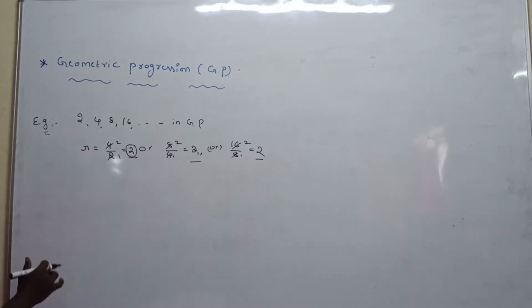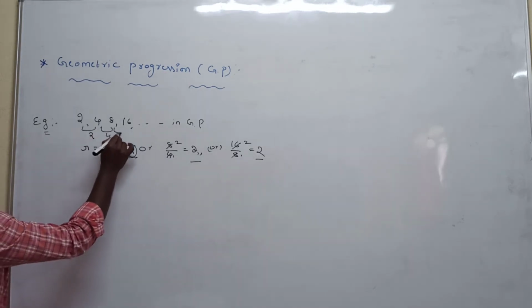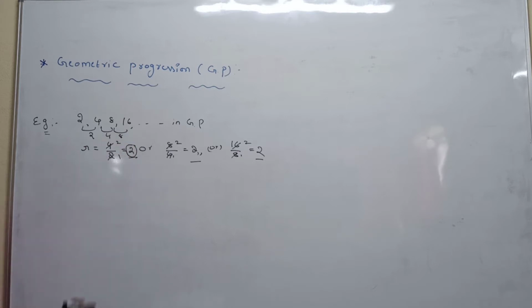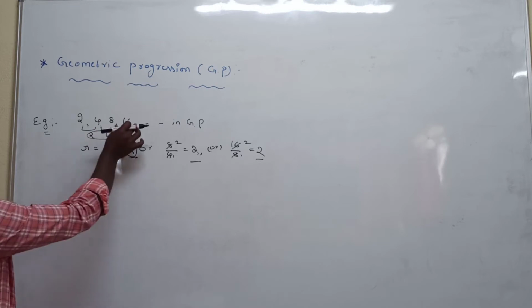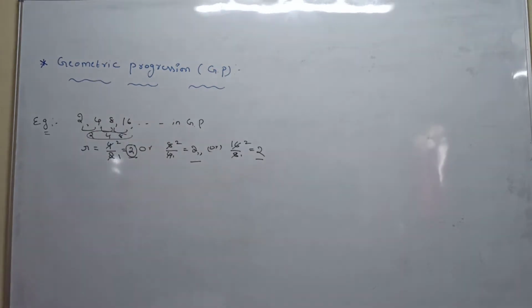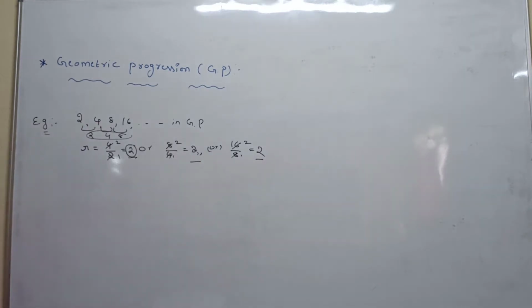This is not an arithmetic progression because this difference is 2, this difference is 4, this difference is 8. That's why this is not an arithmetic progression sequence. This sequence is a geometric progression because the ratio of any two terms is the same. That's why it is called a geometric progression sequence.